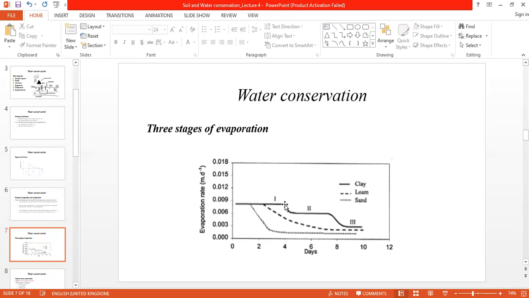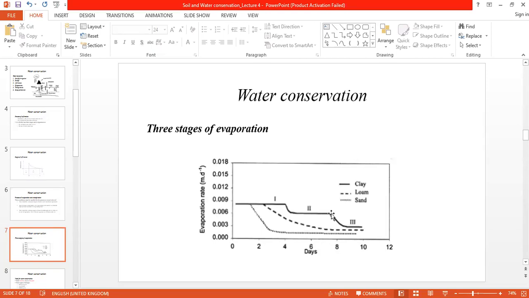But since the sunlight at this point is kept constant, the rate at which the water is being lost will start to reduce because the water is held by the soil particles. The stage at which the rate of evaporation starts to reduce will be our stage 2.